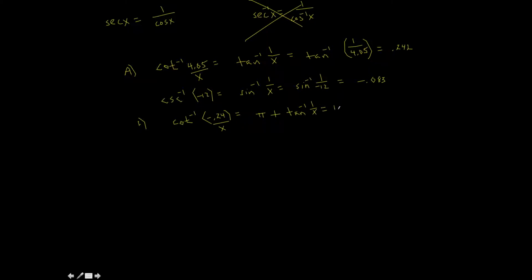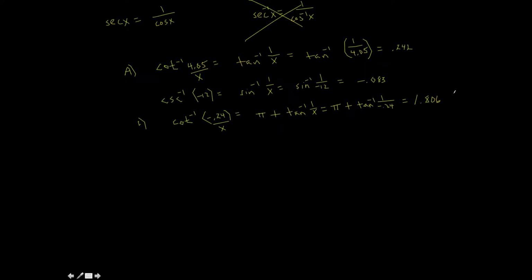So this is going to be pi plus the inverse tangent of 1 over negative 0.24. And so punch that in your calculator, and you should get 1.806 if you do that correctly.